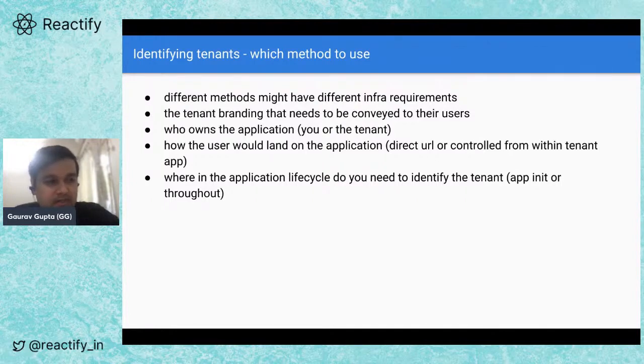Another thing that would impact this decision is where in the application life cycle do you need to identify the tenant. In general, taking the example of the iframe application once again, if it is initiated by someone from their own website, like the tenant website, and the user does not need to see the URL, then the only place where you need to identify the tenant is when the application initializes, because this information can then be kept in the browser memory or the application memory, and you are okay for the rest of the application lifecycle.